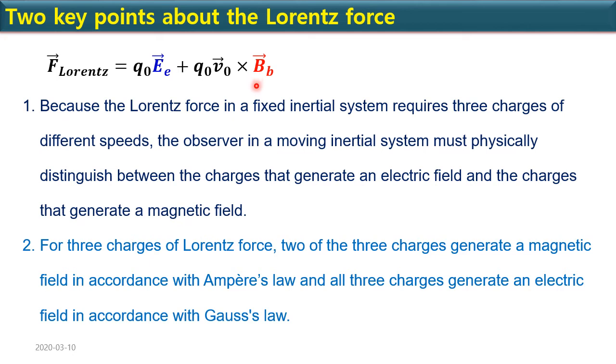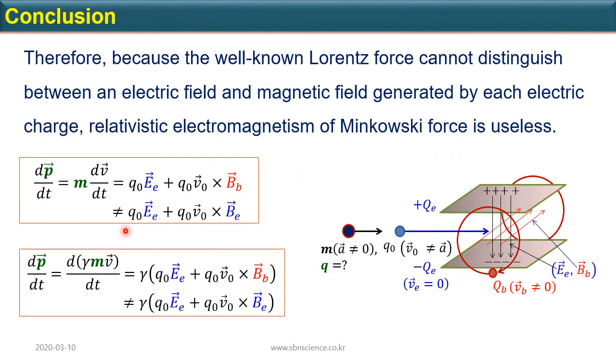Second, for the three charges of the Lorentz force, two of the three charges generate a magnetic field in accordance with Ampere's law, and all three charges generate an electric field in accordance with Gauss's law. Therefore, because the well-known Lorentz force cannot distinguish between an electric field and magnetic field generated by each electric charge, relativistic electromagnetism of the Minkowski force is useless.